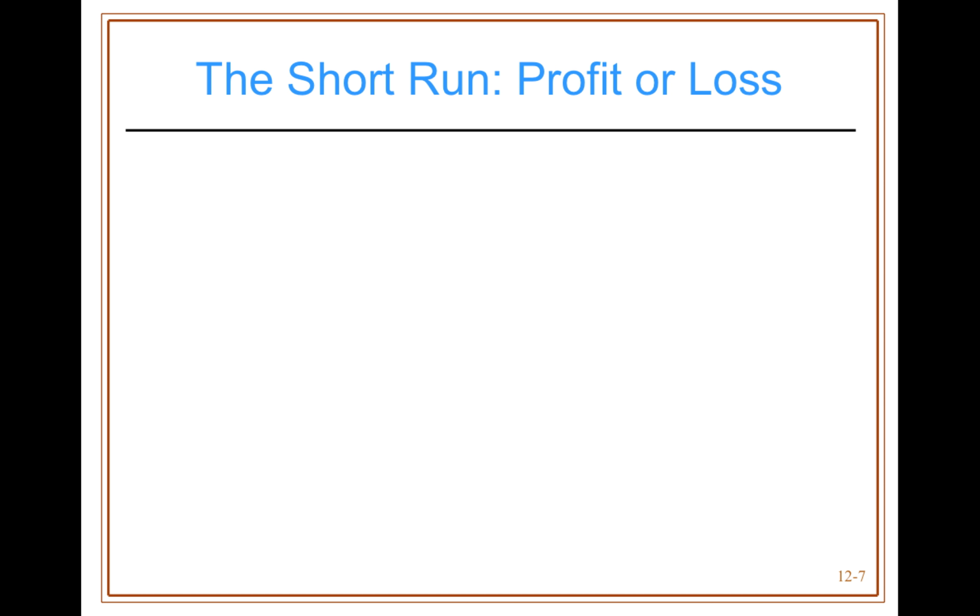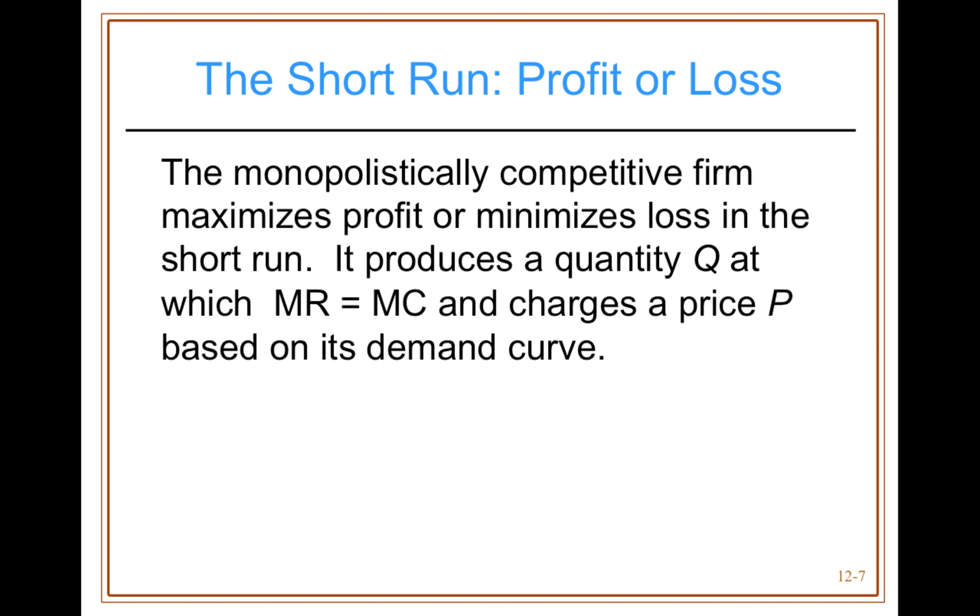In the short run, the monopolistically competitive firm maximizes profit or minimizes loss right at the point at which marginal revenue equals marginal cost. So it's going to produce at that point, and then it will charge a price based on its demand curve.